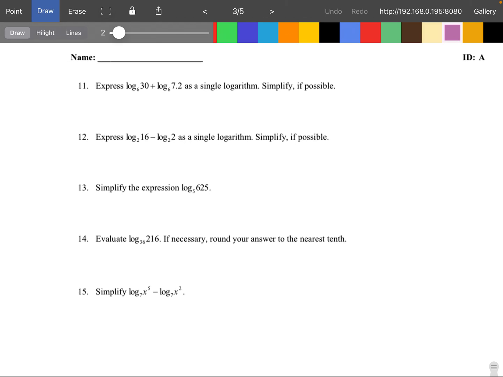Lastly, this is all from 7.4. So writing as a single log, remember, if it's addition, writing it as a single log becomes multiplication. So it's going to be log base 6 of 30 times 7.2. 30 times 7.2 is going to be 216. So this will be the same thing as log base 6 of 216.